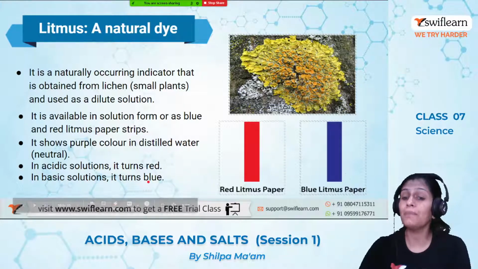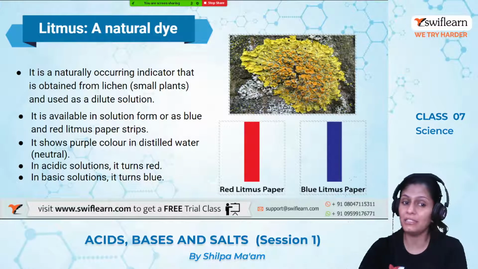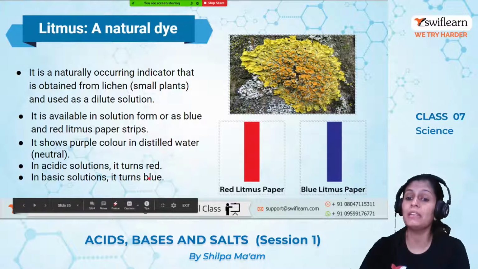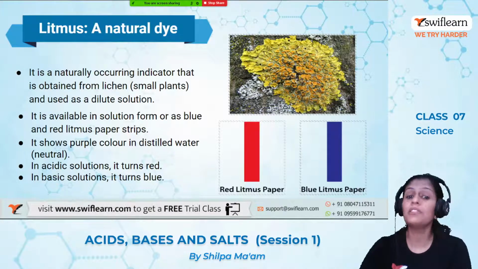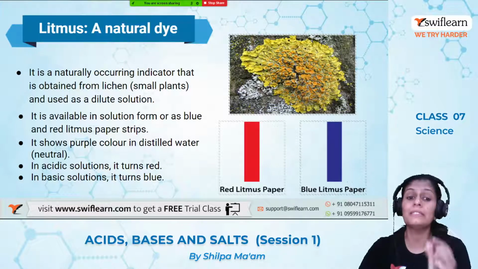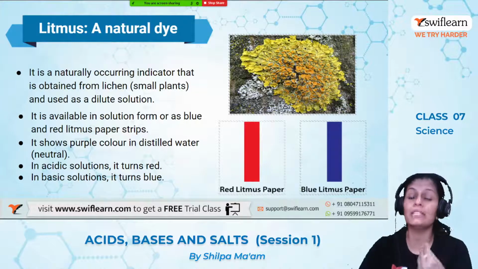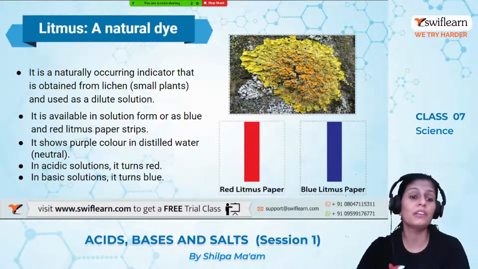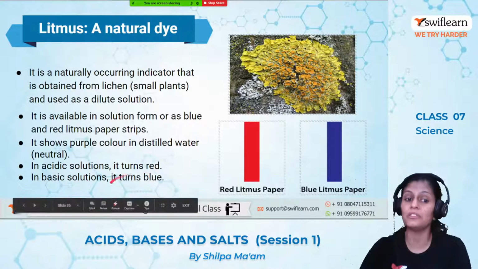But what will happen if you put this litmus paper in distilled water? The color is not going to change. Why? Because distilled water, that is potable water, is neither acid nor basic. So the color is not going to change, because it is neutral in taste.